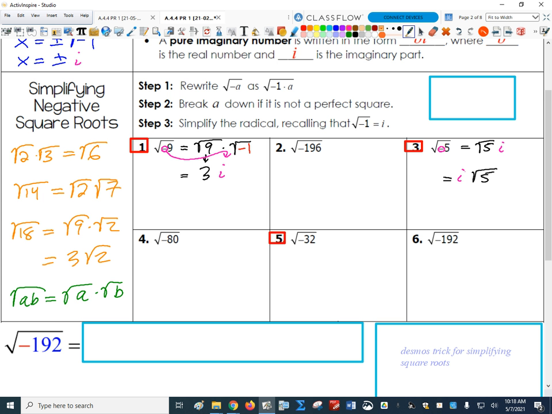There's even a simpler reason for this one. If I write the i after the radical, how could that potentially be confusing? Oh, it could look like it's under the radical, right? So a lot of times we write things in front of radicals when we're multiplying them instead of behind, just so we know that they're not actually inside the radical. You don't have to do it that way. You can be careful and just write it outside, but you'll see that a lot of times in math books, okay?